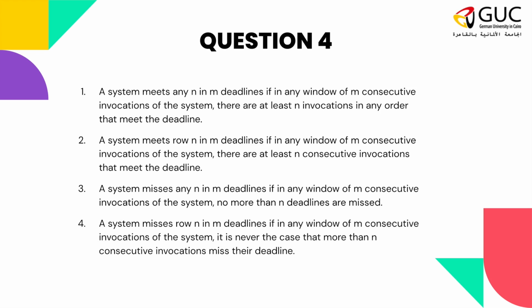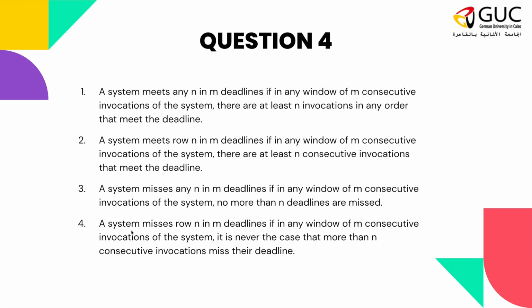Moving on to the fourth constraint, a system misses row n in m deadlines if in any window of m consecutive invocations of the system, it is never the case that more than n consecutive invocations miss their deadline. So we are still in the missed category. However, if the previous constraint was tackling misses non-consecutive, this constraint will tackle misses consecutive.